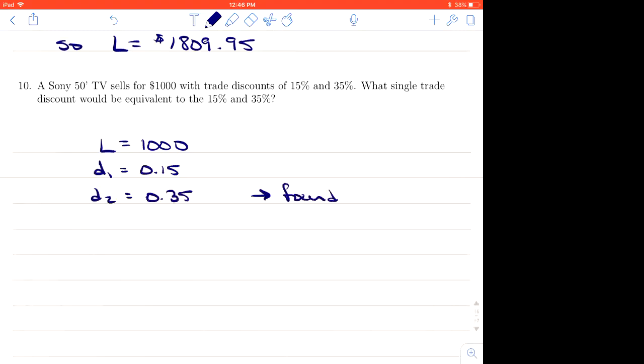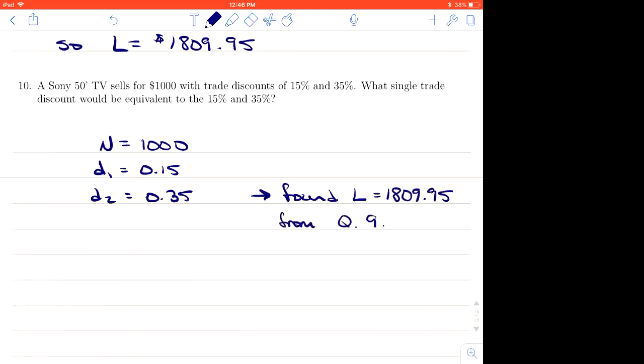And we found that the net, or sorry, oops, I made a mistake. We said the net price was 1,000. Sorry, guys. And we found that the list price must be $1,809.95 from question 9.